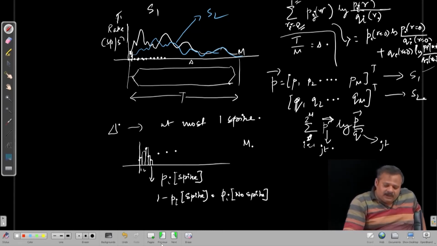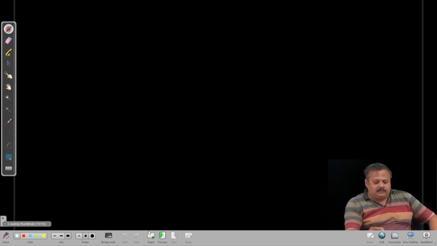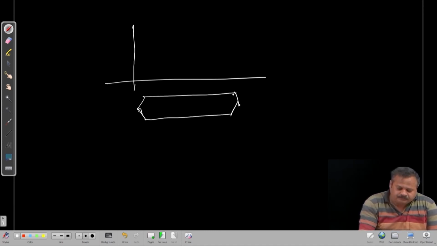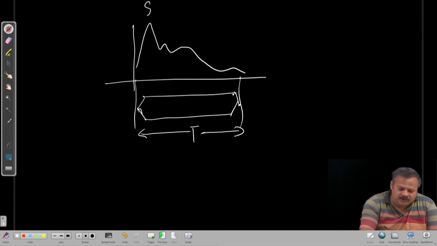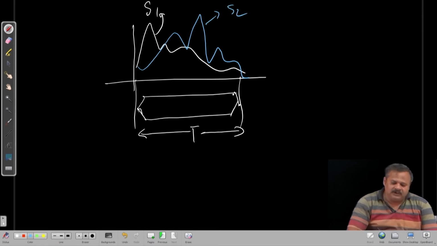However, if we now say that there is dependence, let us say again, this is the stimulus, this is the entire duration capital T, we have the PSTH in response to stimulus 1, which is here, and let us say we have some other response to stimulus 2, which is the PSTH.